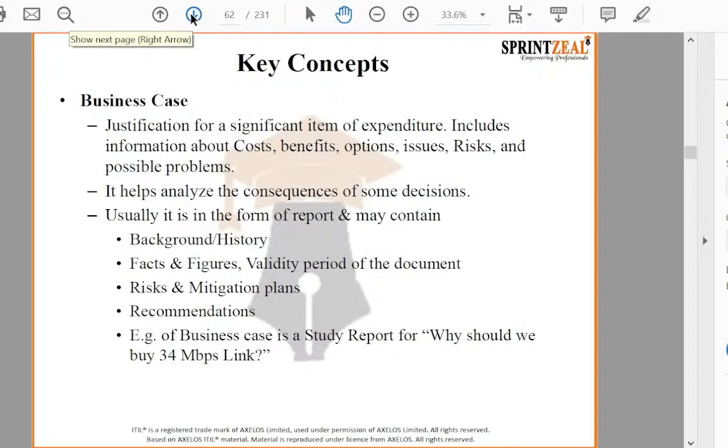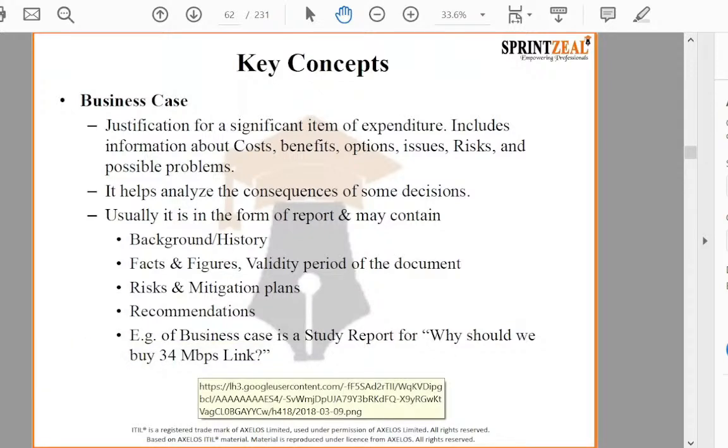It includes information about costs, benefits, options, issues, risks, and possible problems. A business case also helps analyze the consequences of some decisions, and it is usually in the form of a report, and it may contain information on background, facts and figures, risk, mitigations, recommendations. And so, as an example, why should we buy 34 Mbps links?